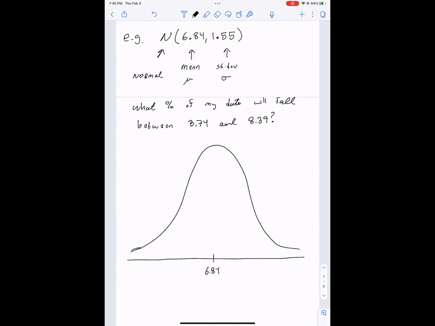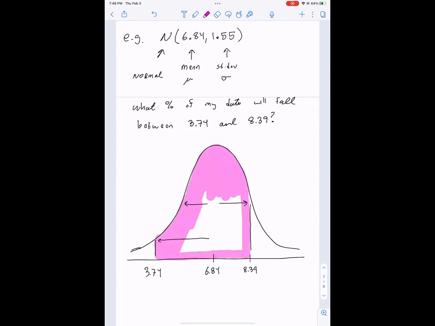If I go 1 deviation up, what number do I get to? 8.39. And if I go 1 deviation down, I don't quite get to 3.74, but if I go 2 deviations down, I do, right? Yes. Professor, why isn't 3.74 one standard deviation away?